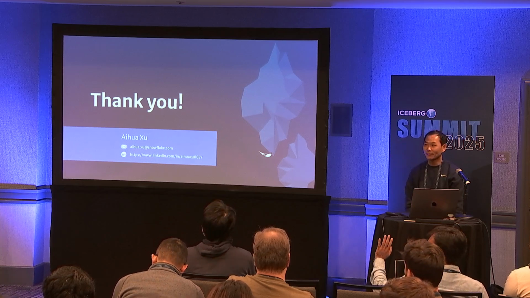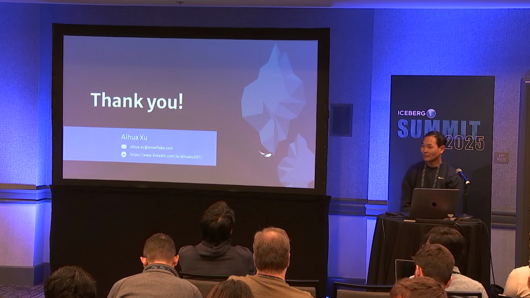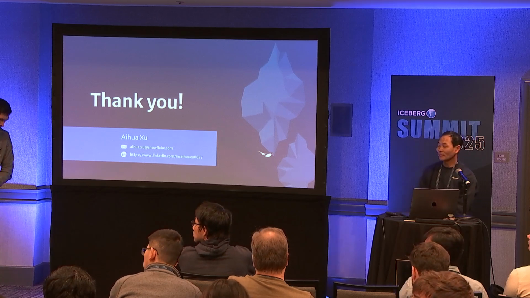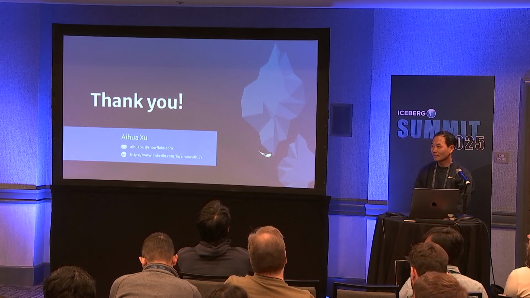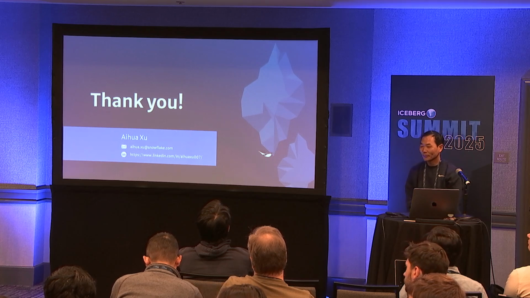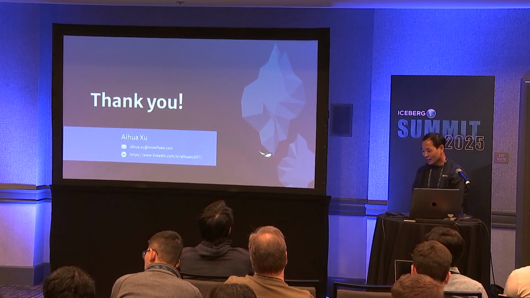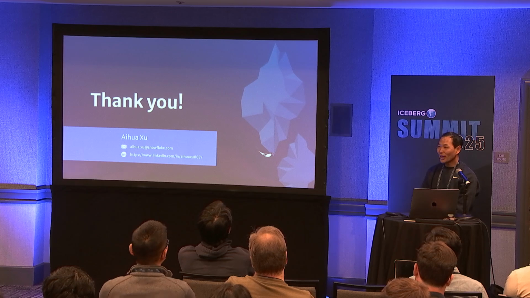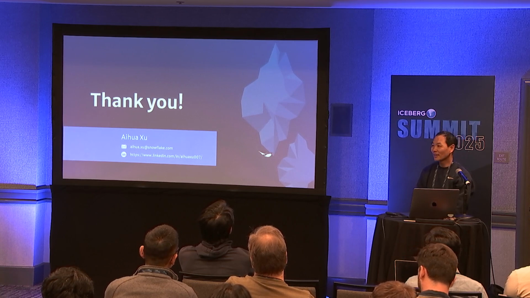Okay, we have time for two more questions. Maybe one here. Do you have a rough estimate on how much savings in terms of storage and also query performance if we switch from raw JSON to the variant type? Okay, that's a good question. I don't have the numbers for storage. I guess it really depends on the data itself.